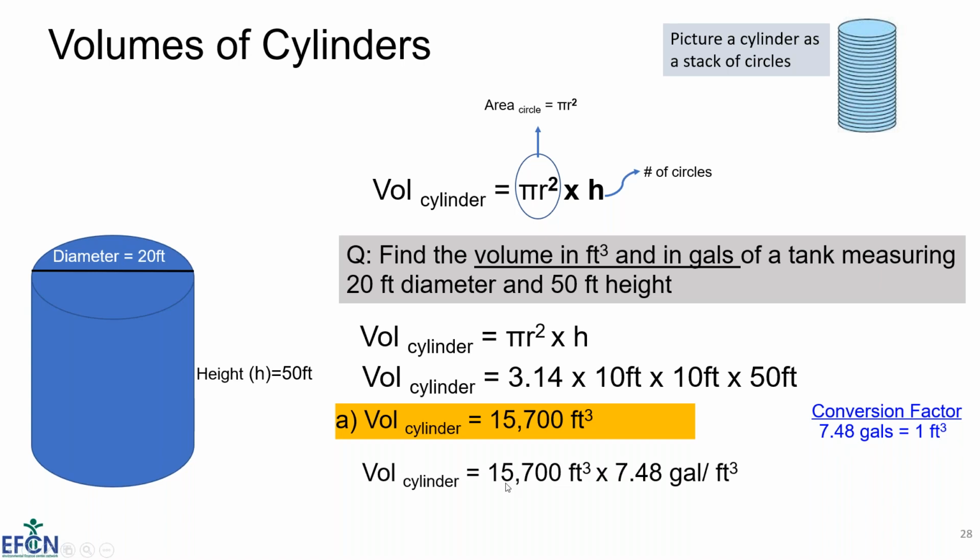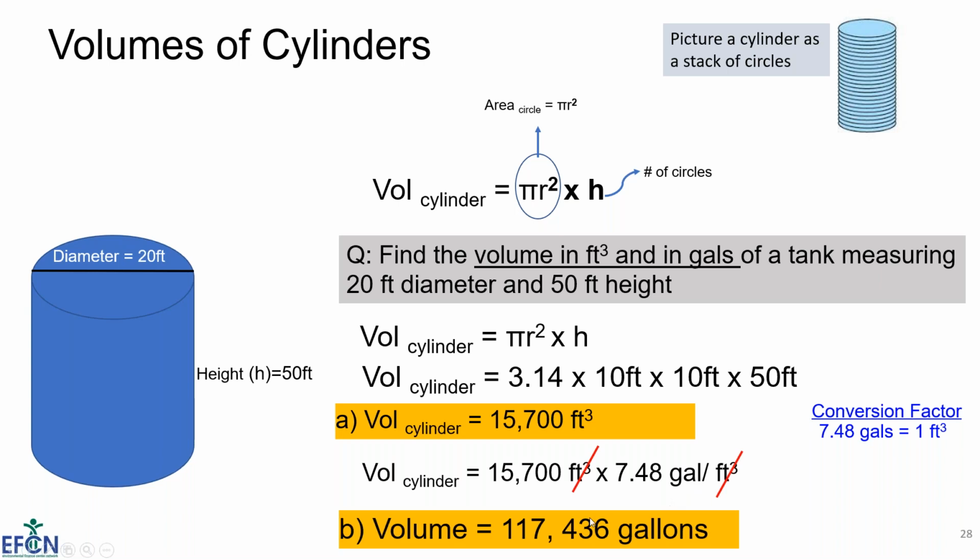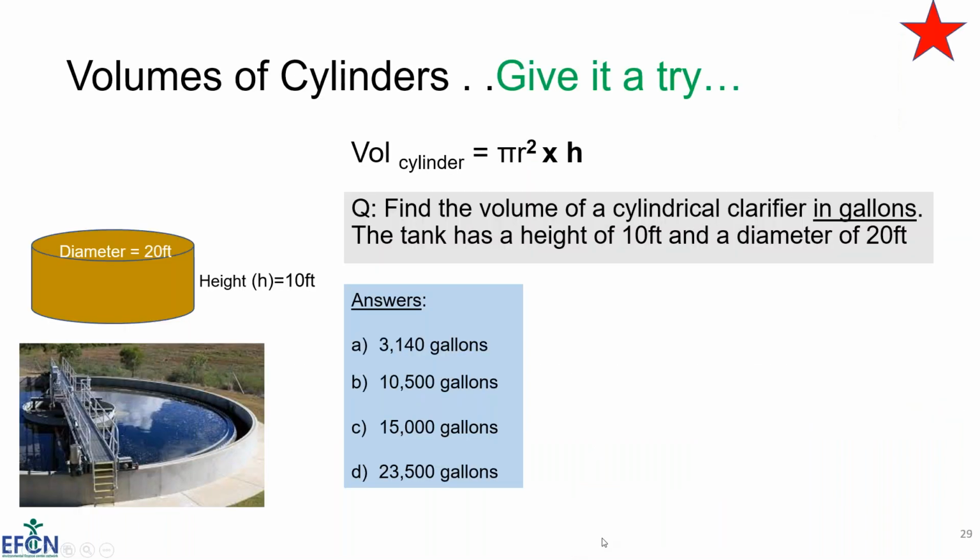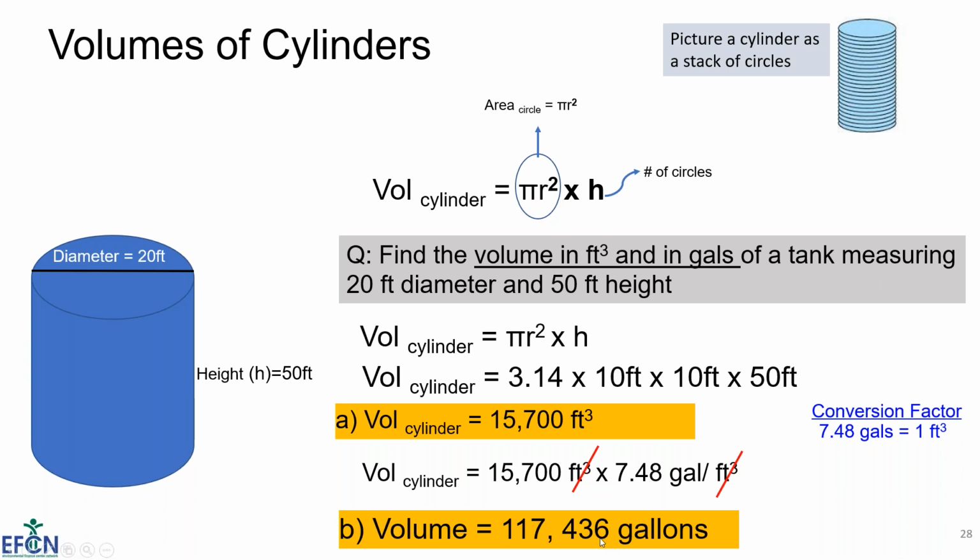So we want to take 15,700 cubic feet and multiply by 7.48 gallons. My units for cubic feet will cancel, and what's left is gallons, and when we multiply that out, it is 117,436 gallons.